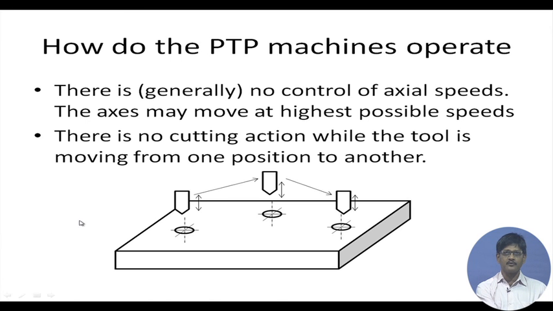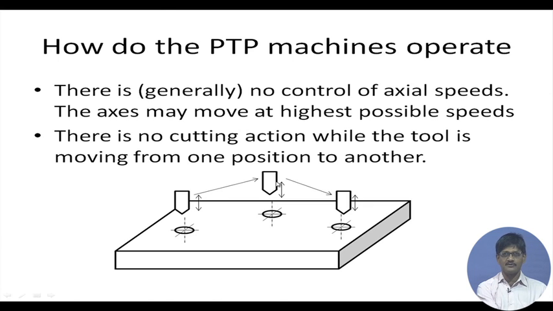So, how do point-to-point machines operate? This is a typical picture showing operations being done at definite locations. This is a drill-like cutting tool. It is supposed to move down, carry out the drilling operation, come up, then go to the next point, moving straight.